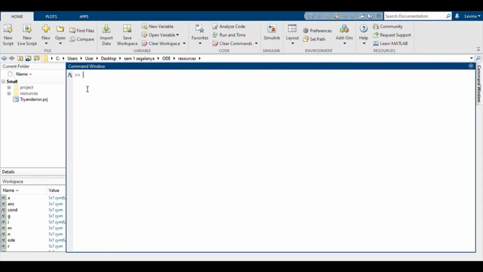To solve question 1C2, we can also use MATLAB to run the simulation to get the answer. So firstly, we need to declare the variable. And then we declare the equation.